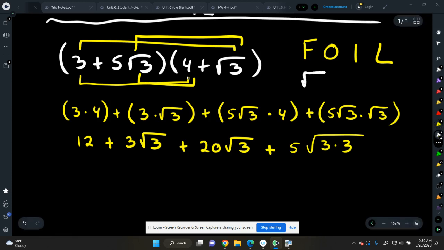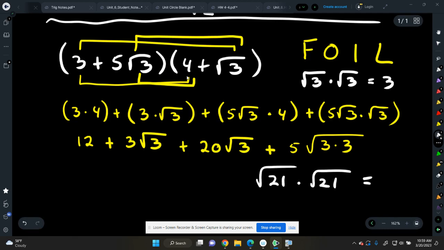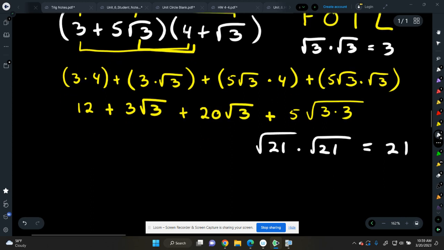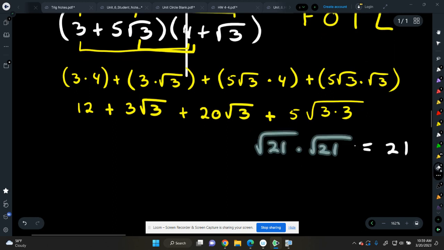Anytime we have a radical being multiplied by itself, all that does is eliminate the radical. So this just becomes 3. If I had the square root of 21 times the square root of 21, that equals 21. That's our shortcut. If we have a radical multiplied by itself, we can just remove the radical.